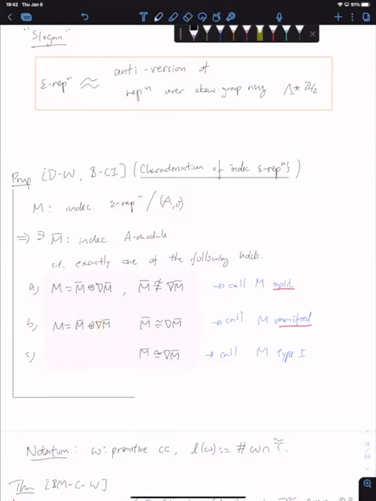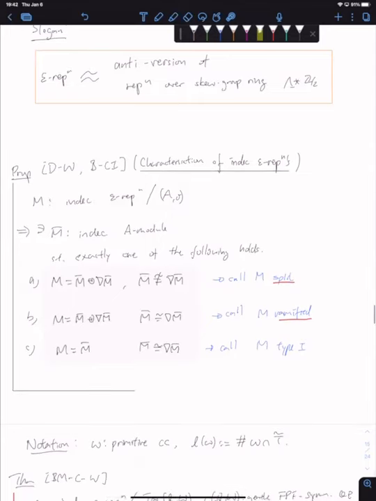And the other case is that M is just this indecomposable A-module itself. In the original paper, they were called type I, meaning indecomposable, but I don't like this because then you would talk about indecomposable epsilon representations. So, using our inspiration from surfaces, I will call this one-sided. You can expect what they correspond to.